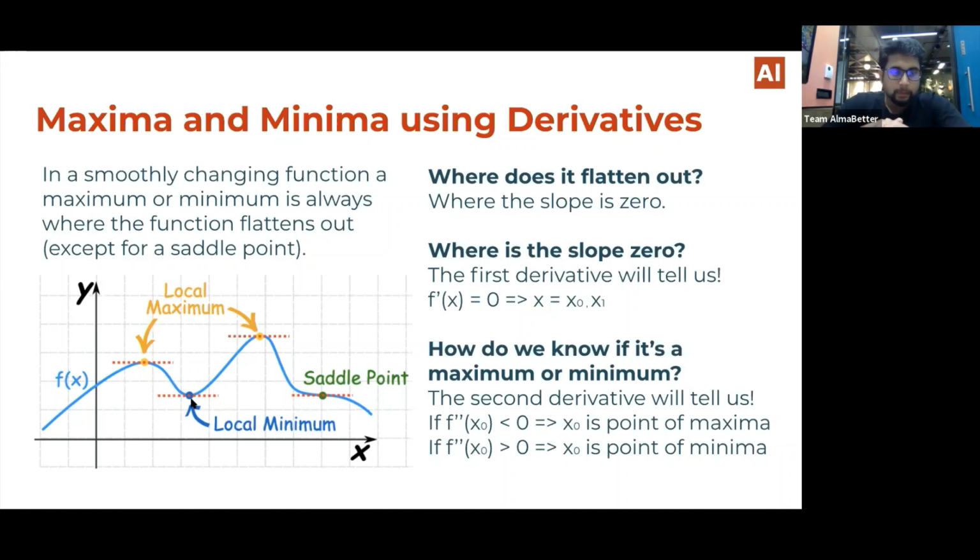Okay, and of course this point is very important. The function flattens out. So what do we know about such points? For such points wherein the function flattens out, we know that the slope becomes zero. So when the slope becomes zero, what can you say about it?